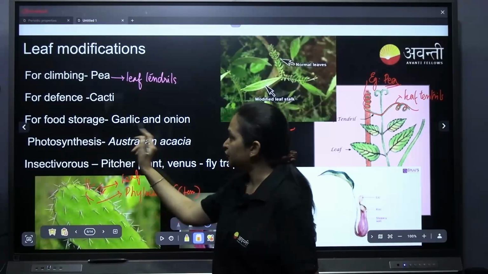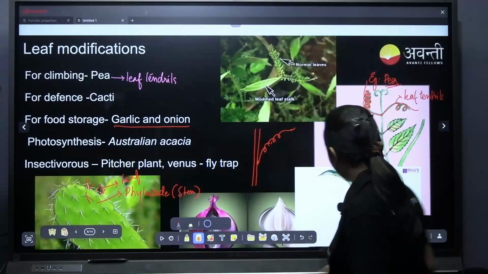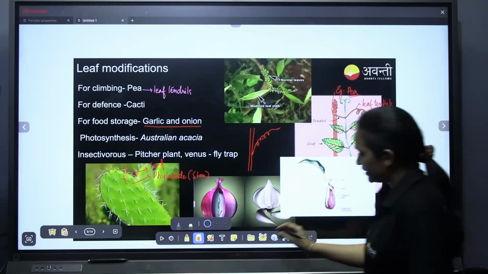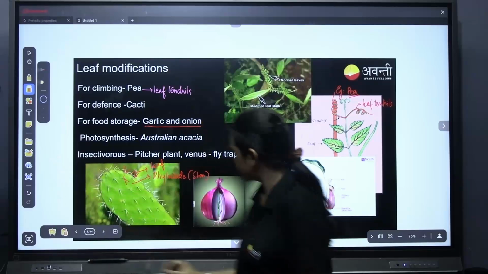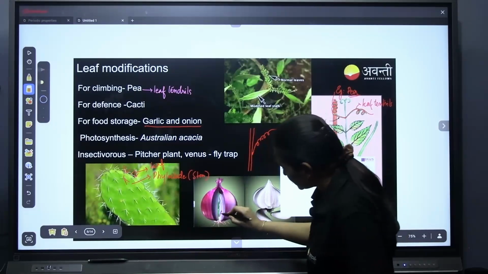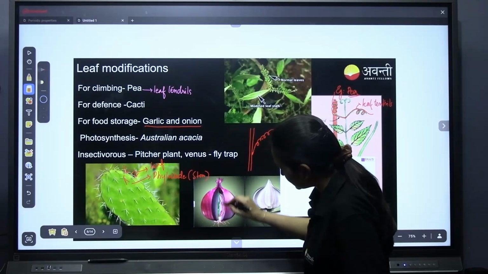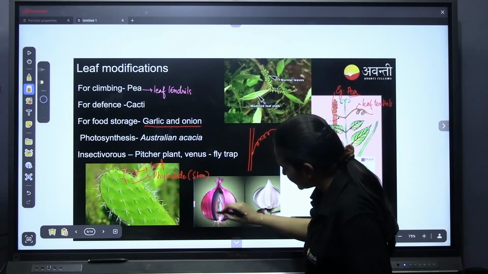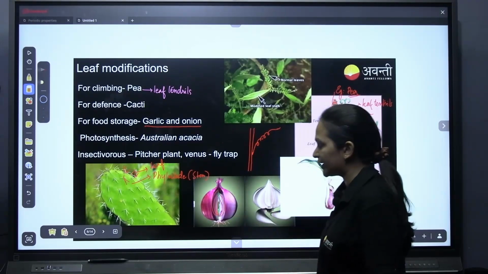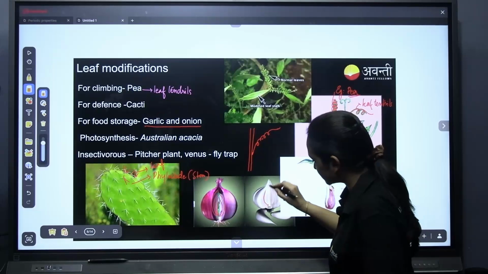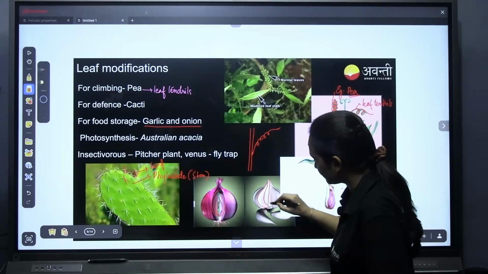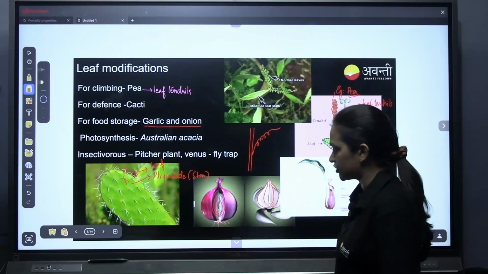Now for the storage of food in garlic and onion, if you see these things, the layers in the onion you might have already seen, and these cloves, these are the leaf modification.